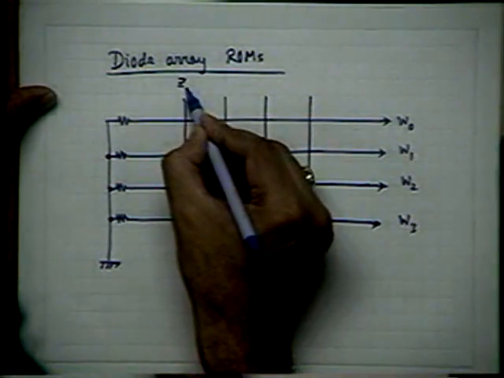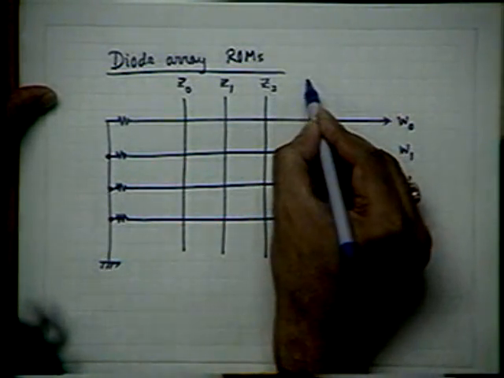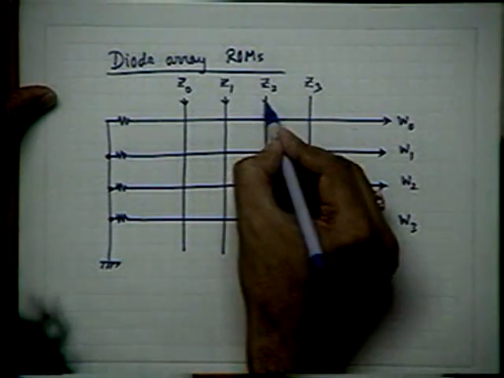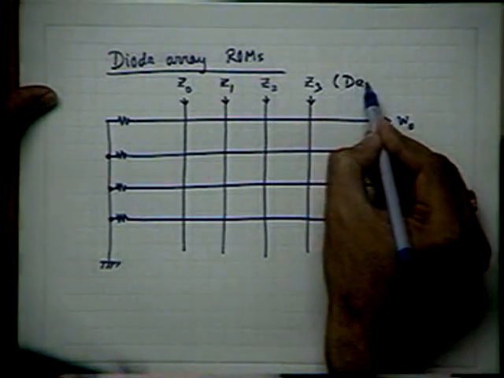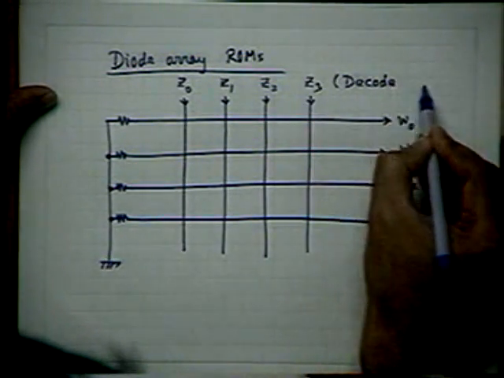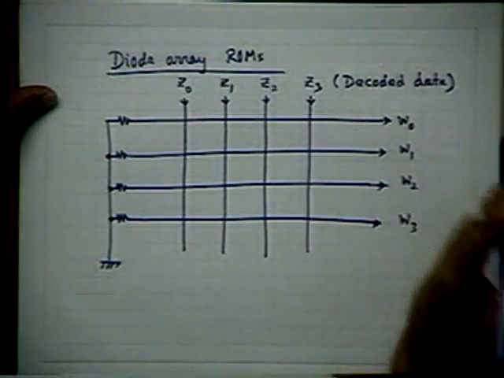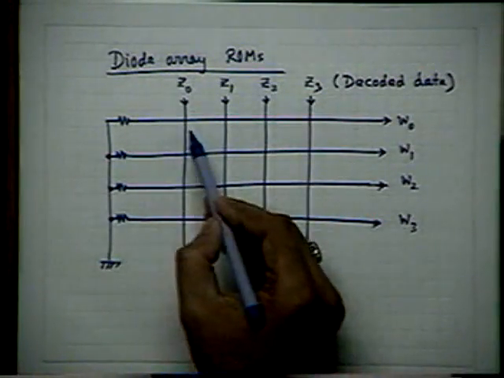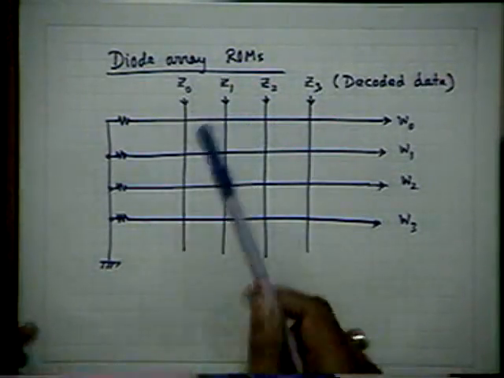Call it Z0, Z1, Z2, Z3. So these are the decoded signal, decoded data input. And then what you do, just at the intersection of each row and column, that means this point beneath them, there is a diode.